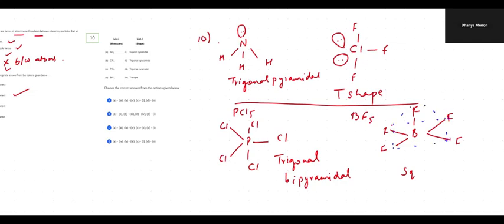Square pyramidal shape. There is one lone pair that is placed at this side, and we ignore the lone pair when we are talking about the shape. Okay. So here, this is the shape of BF5.